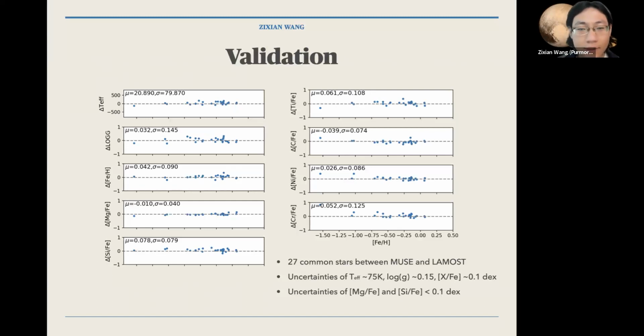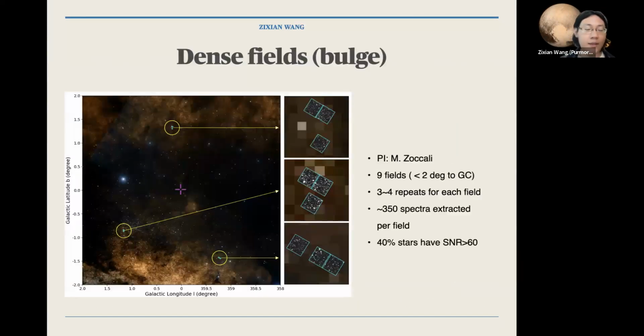So that's very nice. And also, I think the major thing I want to achieve is for the dense regions. So I also selected 9 MUSE observations towards the galactic bulge. This was observed by Zoccali, I think in 2018.